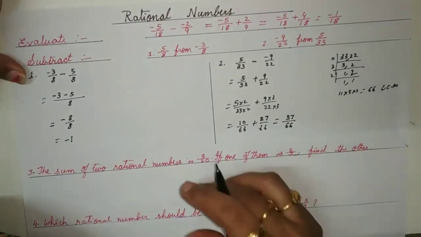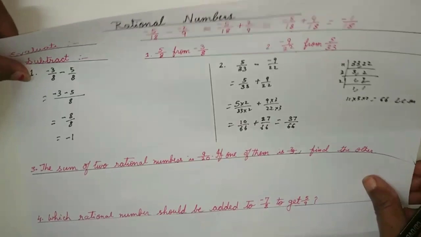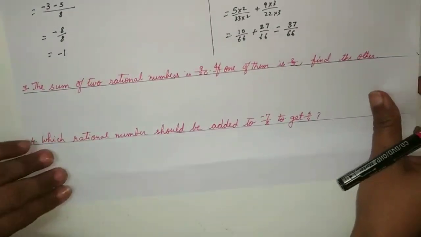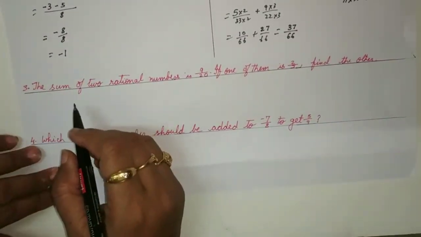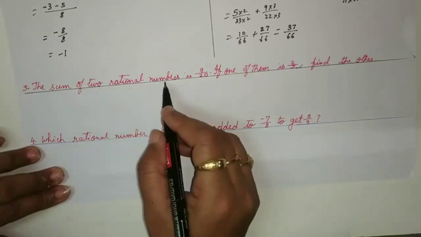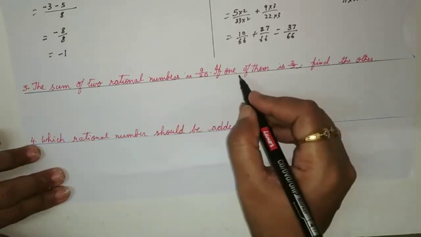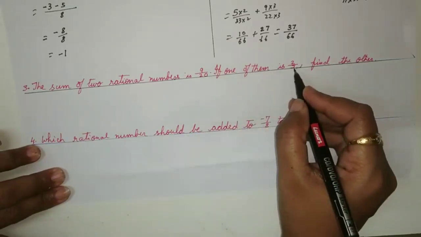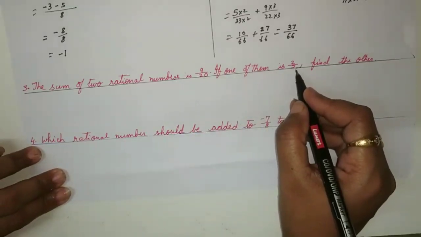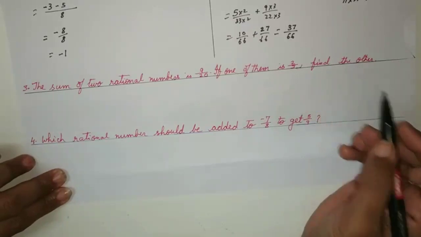I have jotted down another question here. The question says, the sum of two rational numbers is 9 by 20. If one of them is 2 by 5, find the other number.